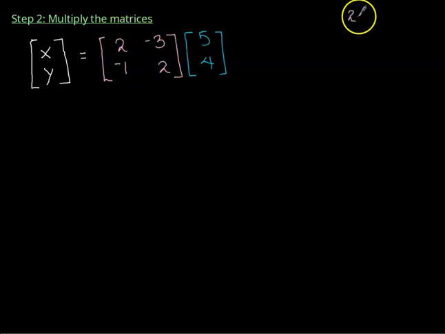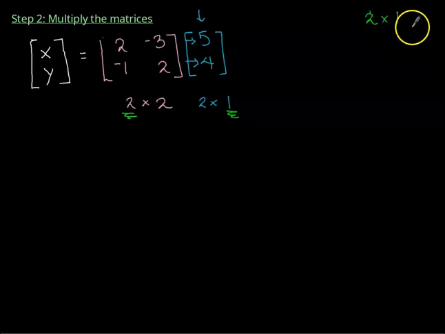So the first one is a 2 by 2 matrix, meaning 2 rows straight across and 2 columns, which are vertical. The second matrix has 2 rows, and it only has 1 column. So when I'm done, I should end up with a 2 by 1 matrix, meaning I'm only going to have 2 rows and 1 column when I'm done.